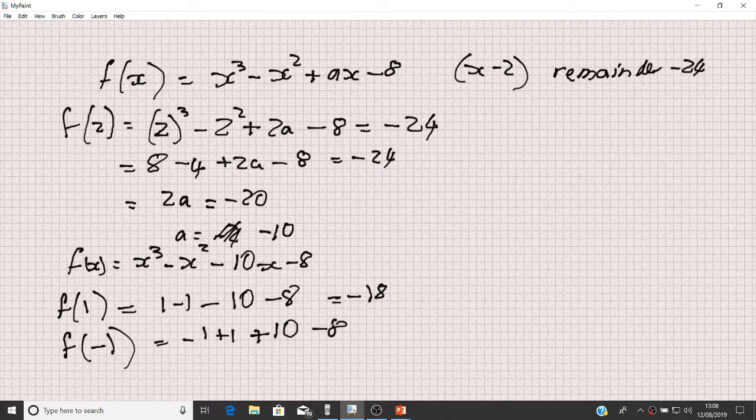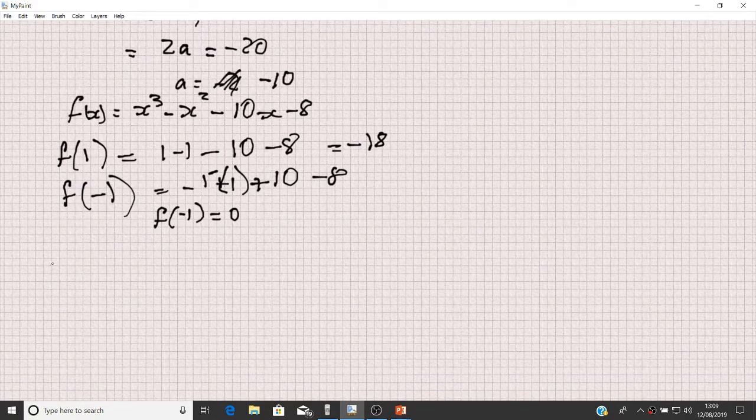Just let me check that. So we end up with f of minus 1 equals 0. So we now know that x plus 1 is a factor. Now we can do a long division to find another factor.